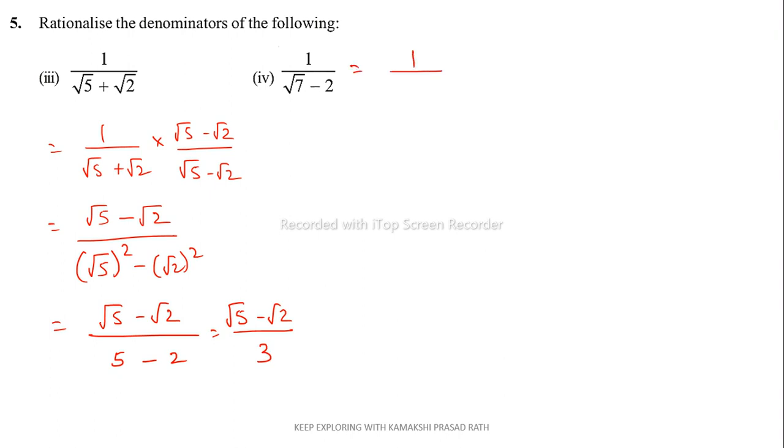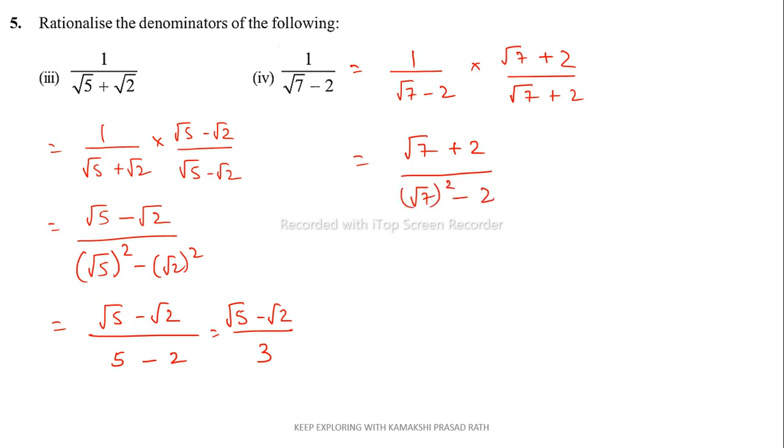Similarly, 1 by root 7 minus 2, that is root a minus b form. So you have to multiply with root 7 plus 2. It's a simple logic. If there is minus, you have to use plus. If there is plus, we have to use minus, in this way. So in the numerator we have root 7 plus 2, by the same thing, a squared minus b squared.